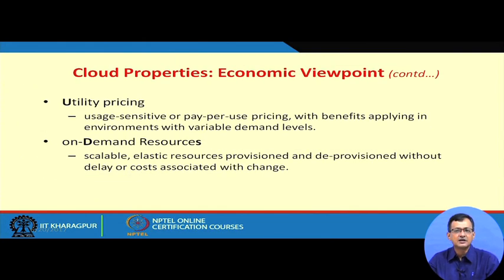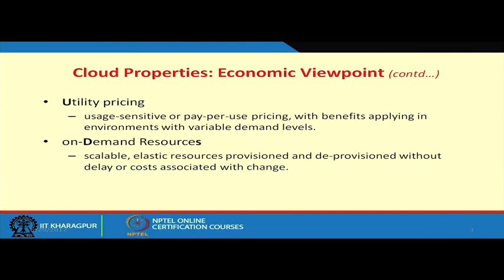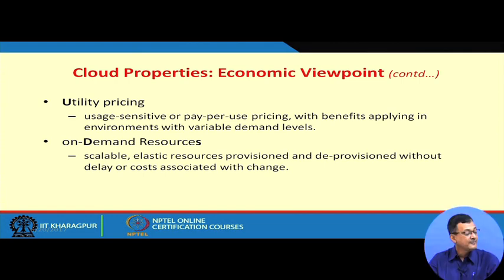There are two other direct economic factors. One is utility pricing, a pay-as-you-go model where I pay per unit, like electricity. Another is on-demand resources: when I demand resources, they are provisioned.